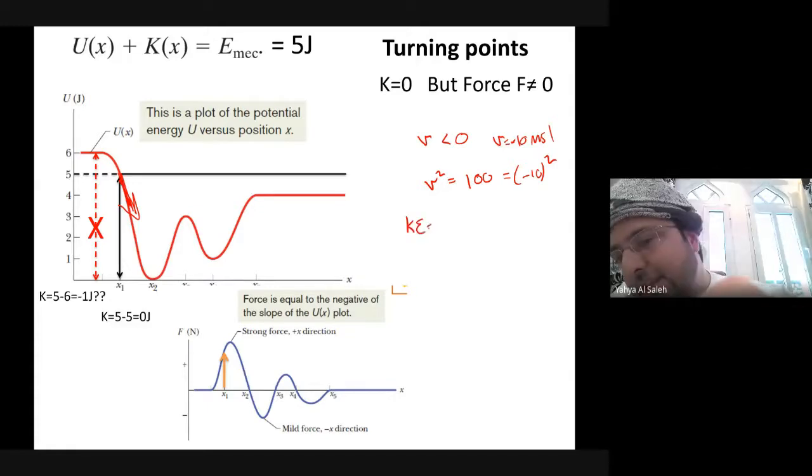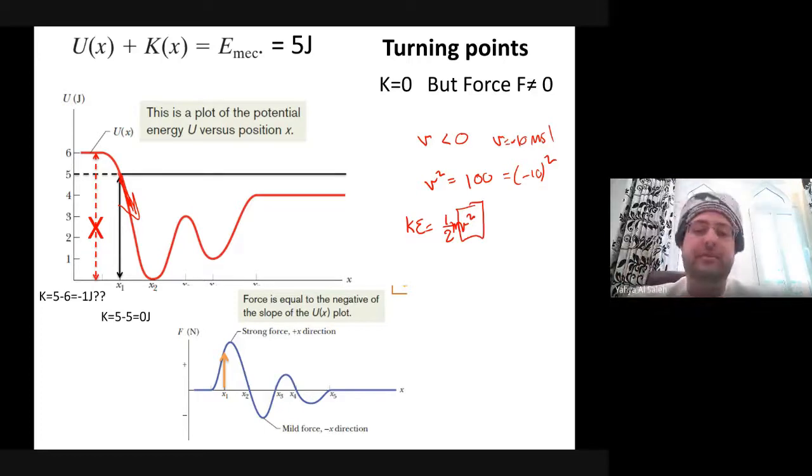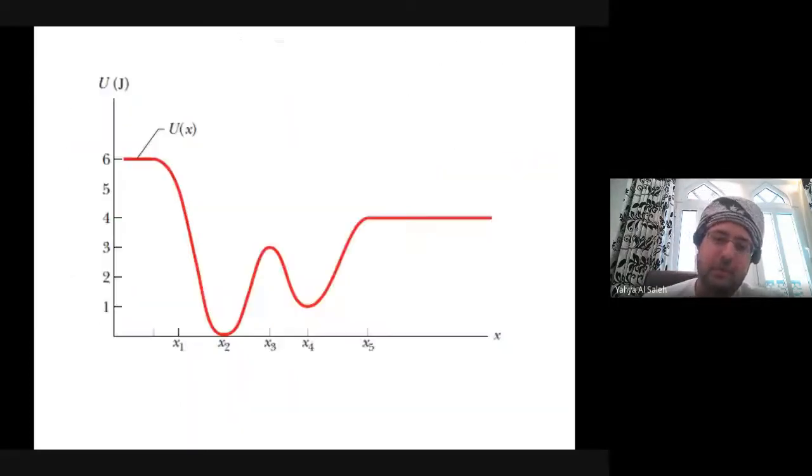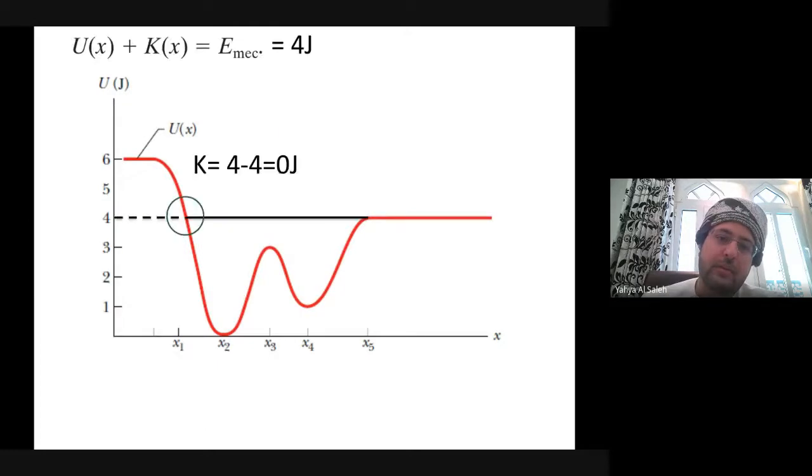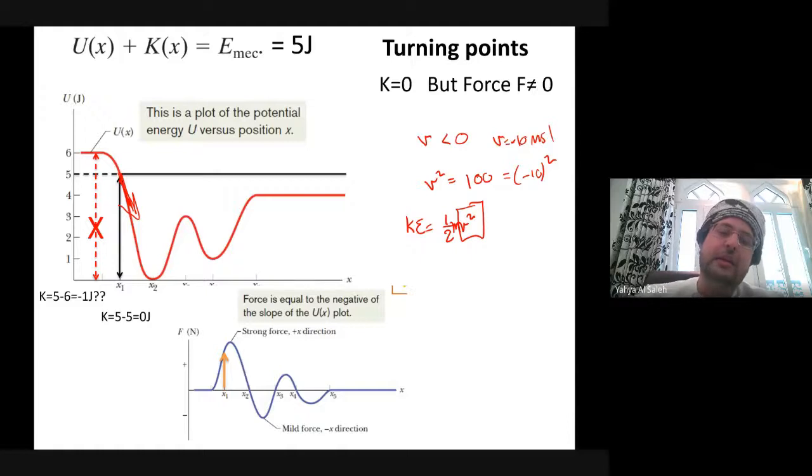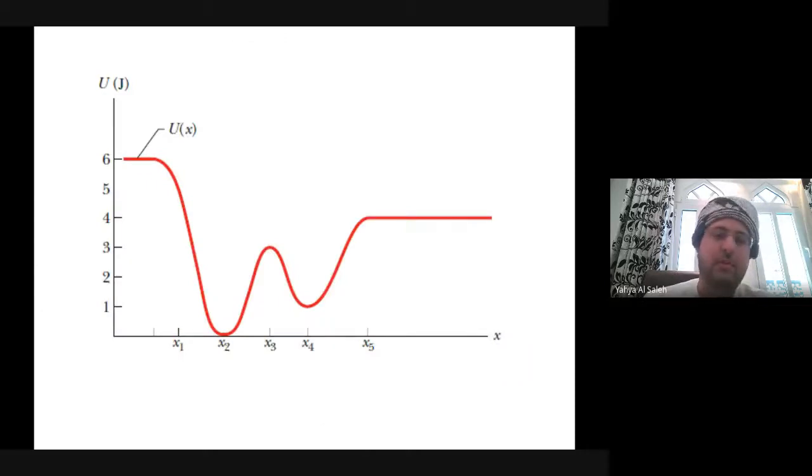Since my kinetic energy is half mv squared, and I have a v squared here, it needs to always be positive. Or my square is negative, which is a problem, or my mass is negative, which is an even bigger problem. I'll still come back to this. I'll solve this problem at the very end.